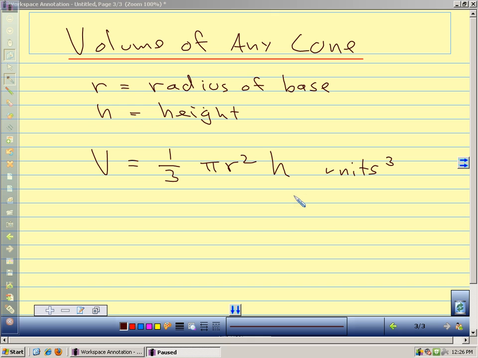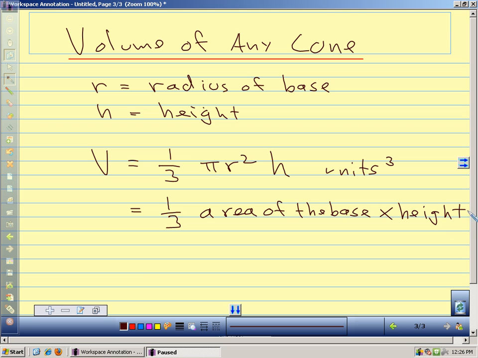All right, so our volume is 1/3 pi r squared h, and I can rewrite this. Just like we did for pyramids, this is 1/3 the area of the base times the height.